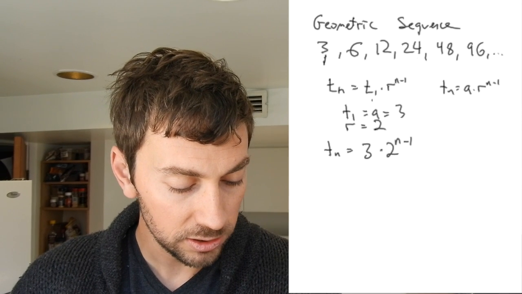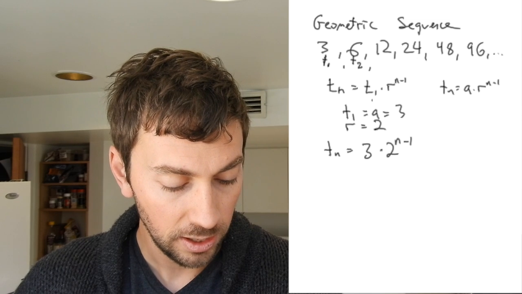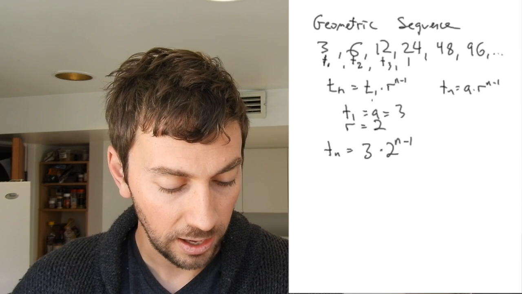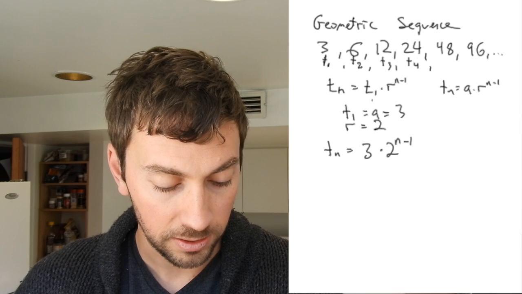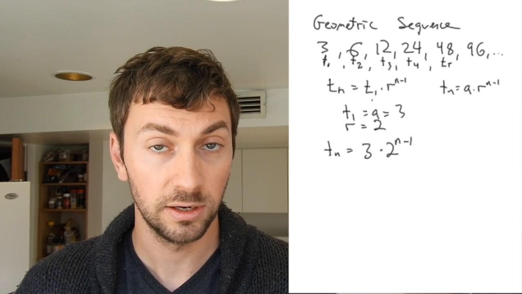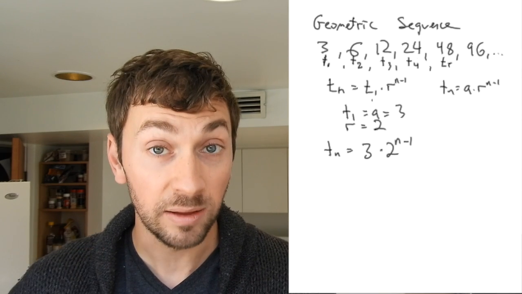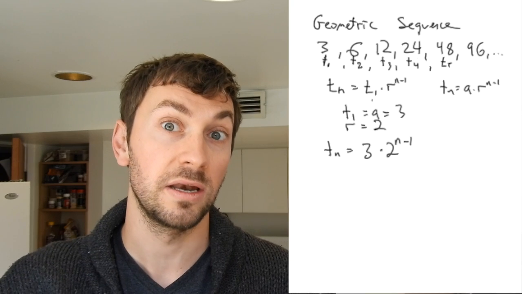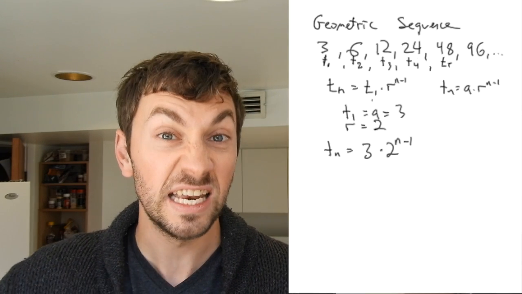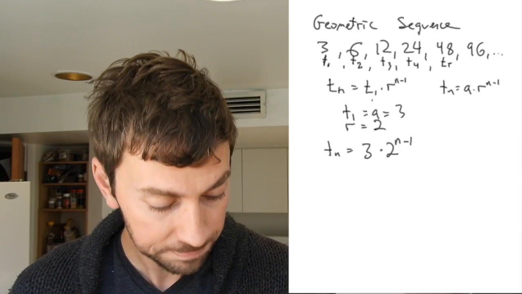We can call the number 3 T1, the number 6 T2, the number 12 T3, the number 24 T4, and the number 48 T5. So the first term, the second term, the third term. It's important to remember n is the name, and Tn is the number that it is. n is the index. It's the first one, the second one, the third one. And that's what n is.